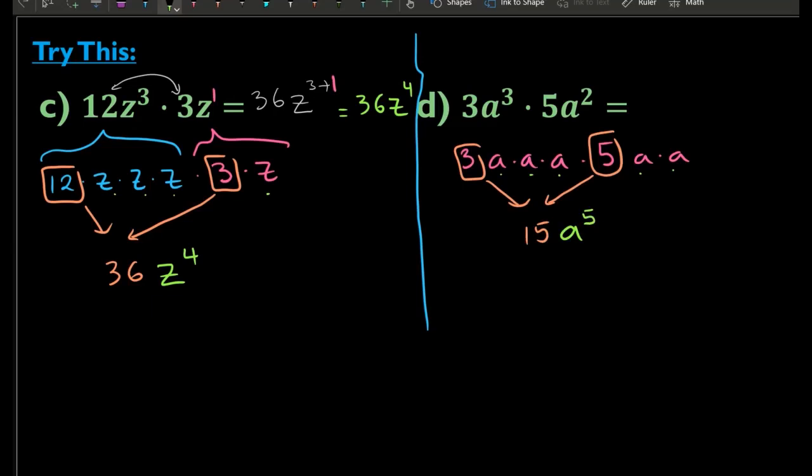Or the short way, 3 times 5 is 15, a to the 3rd power plus 2, that will be a to the 5th power. So that's going to be 15a to the 5th power. And one more time, it's matching with our previous answer.